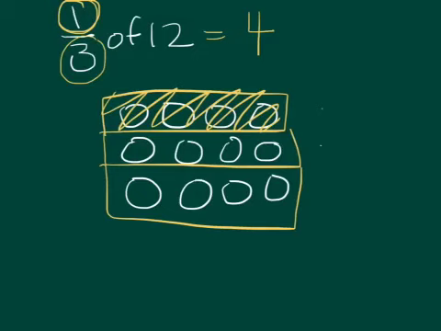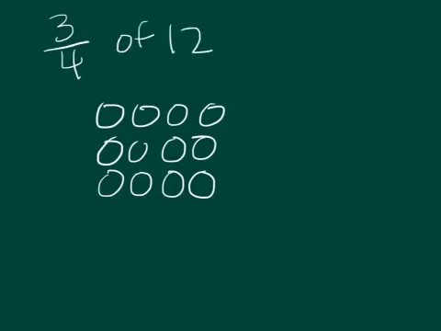Okay. Let's try it again with the same 12 using a different fraction. 1, 2, 3, 4, 5, 6, 7, 8, 9, 10, 11, 12. This time, let's do 3/4 of 12. Okay? So once again, what's this number called? Denominator.